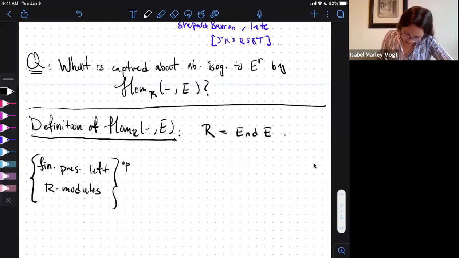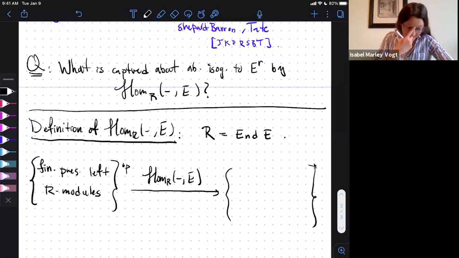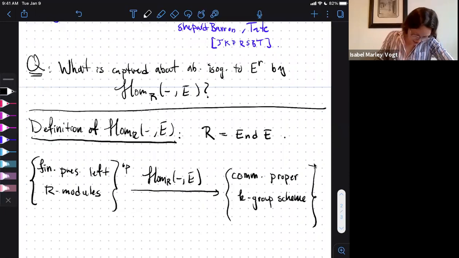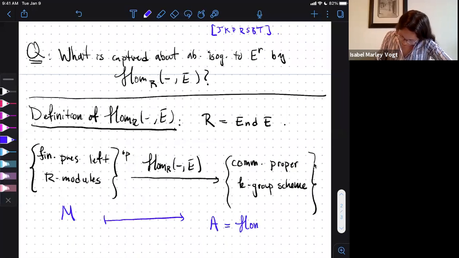And this is our functor, Hom R into E. And now if I don't have that torsion-free hypothesis, I don't necessarily get an abelian variety, but by definition, I get a commutative proper K group scheme. So if I start with a module M, I'm going to call it A, this commutative proper K group scheme, which is going to be Hom R M E.